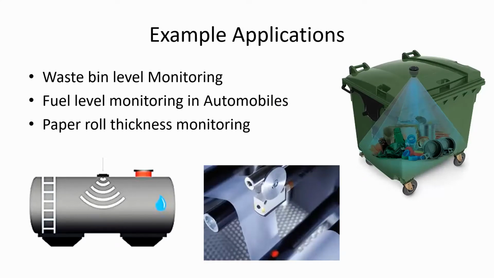So now let's see a few example applications of this ultrasonic sensor. The first is waste bin level monitoring. Now when we talk about smart cities, then smart waste management. For that purpose, we need smart waste bins.